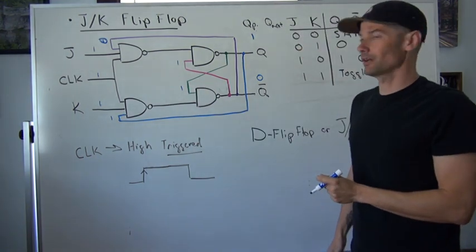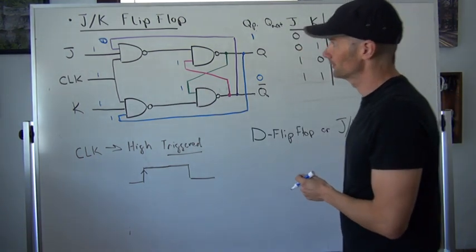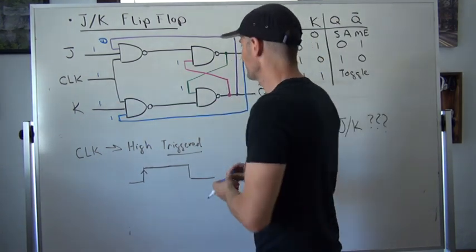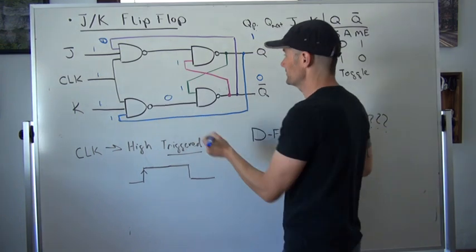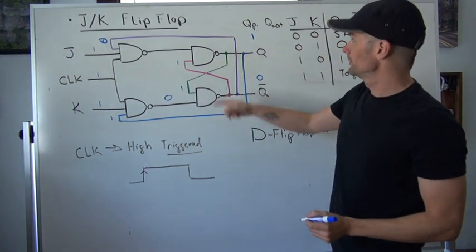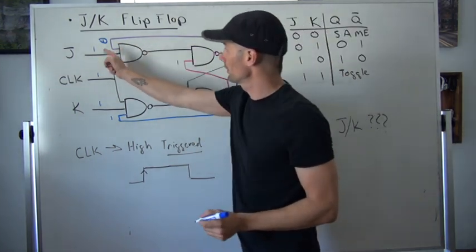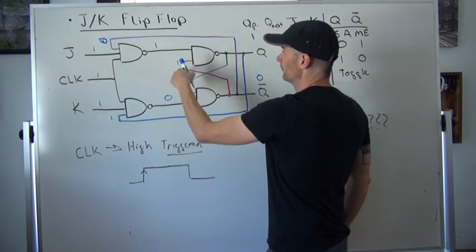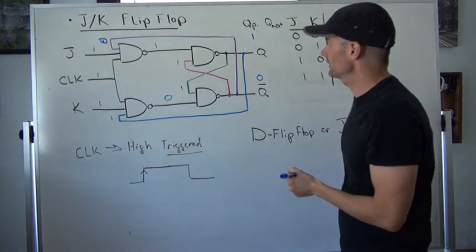Let's see if we can cause this effect to happen. So 1, 1, and 1 NANDed together gives us in fact a 0. So let's see what we get on this guy. 0, 1, and 1. It causes 1 and 1 to be NANDed together.